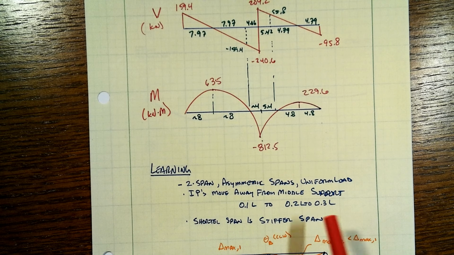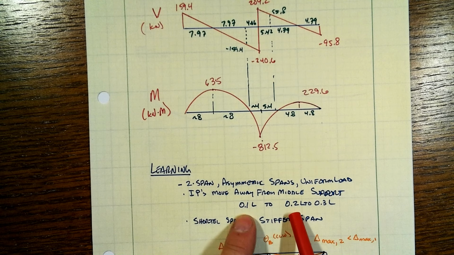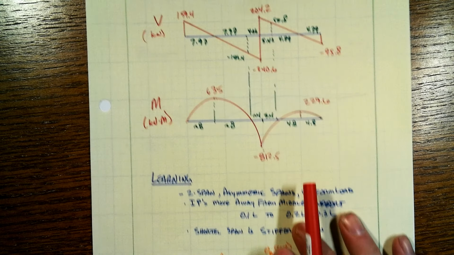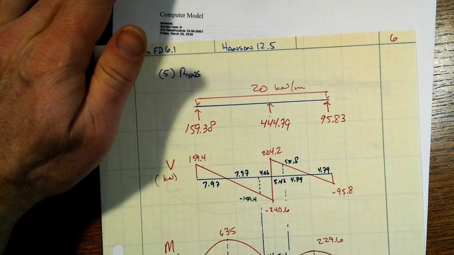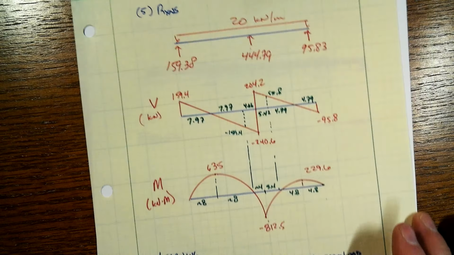But when you get to those outer spans, it increases away from the support because of the flexibility showing up out here at those pin supports. The inflection points move away from the 1/10 rule into something more in the range of 0.2 to 0.3. We had 0.2 on one side and 0.36 on the other. So this is just some sort of rough guide. It's not some absolute that you're going to be working with.